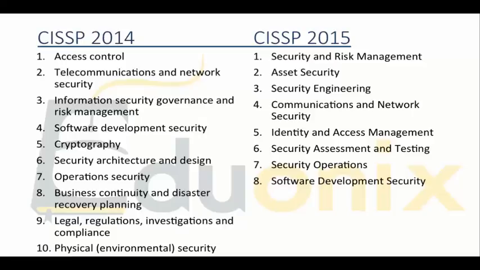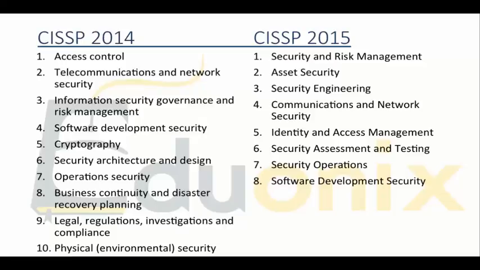The content will be moved and merged into 8 domains of the CBK, the Common Body of Knowledge, down from the current 10 domains. Even though the number of domains has reduced from 10 to 8, CISSP do say that the content isn't being removed from the exam. Instead, the objectives have been refreshed and reorganised. For example, the 2015 version doesn't include a cryptography domain. However, cryptography topics are mentioned in domains 2, 3 and 4.